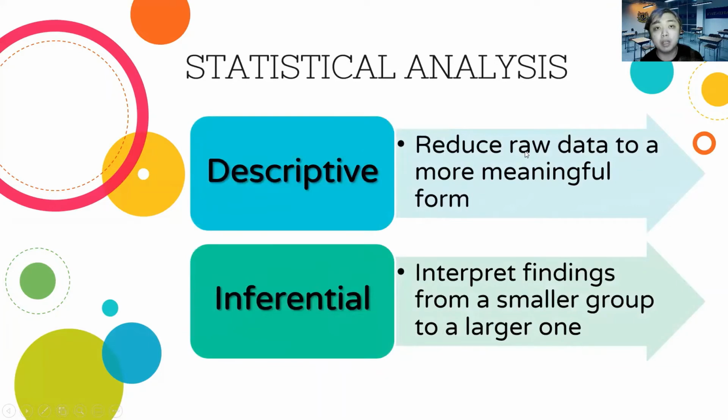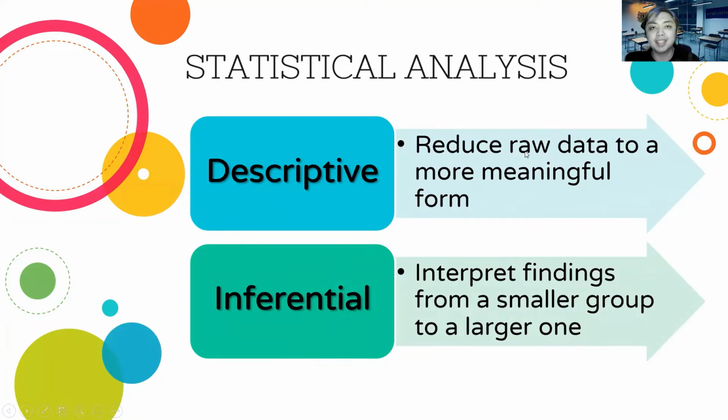There are two types of statistical analysis. We have descriptive. It reduces data or raw data to more meaningful form. Diba? For example, you have 100 respondents and they have different scores, we arrange them, we organize them so that we can see what is the picture that these values are showing us.